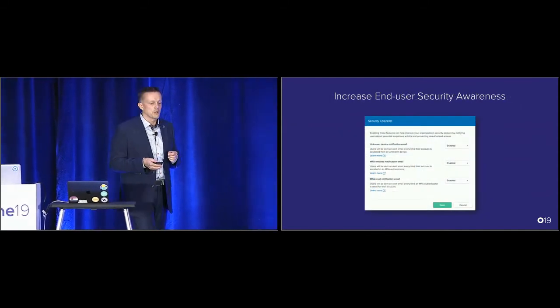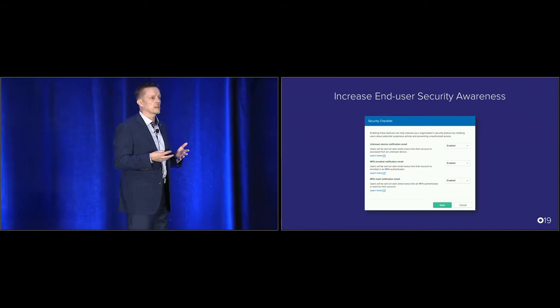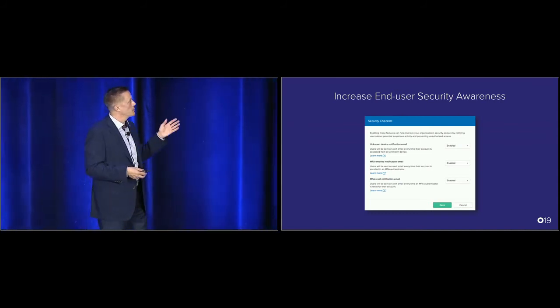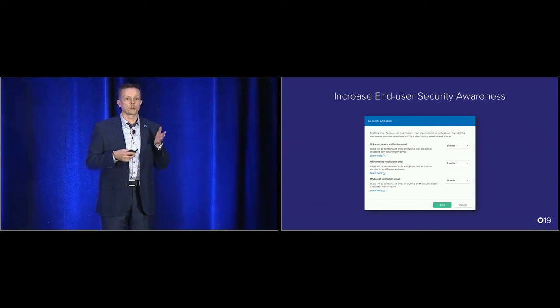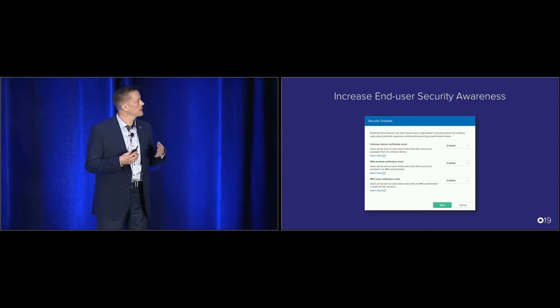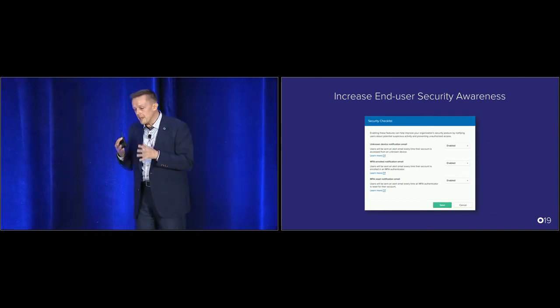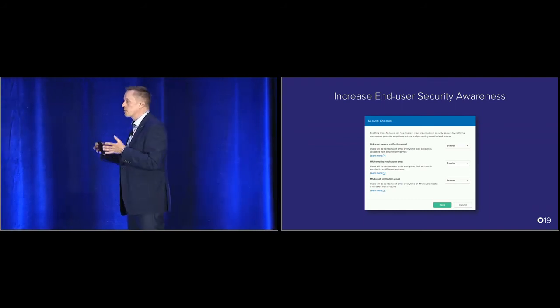Then, of course, it's time to make sure that your end users are participating in their own rescue. And you do that by enabling them to see when something's happening. So new device notification emails, you can enable them and decide that they can know when they're actually logging in from something new. It's not foolproof, but it's getting better.